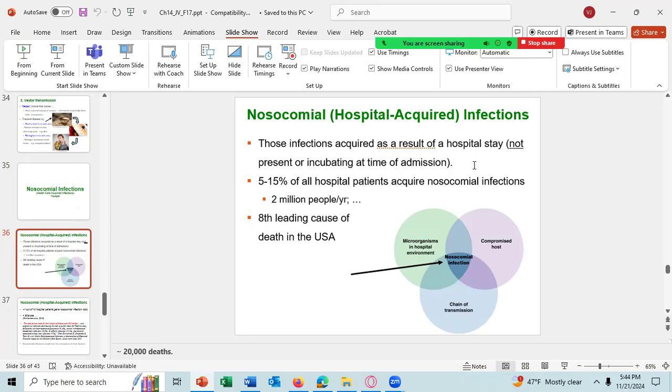The patient did not have this disease present or incubating at the time of their admission. They got the disease-carrying organism from their stay in the healthcare facility.